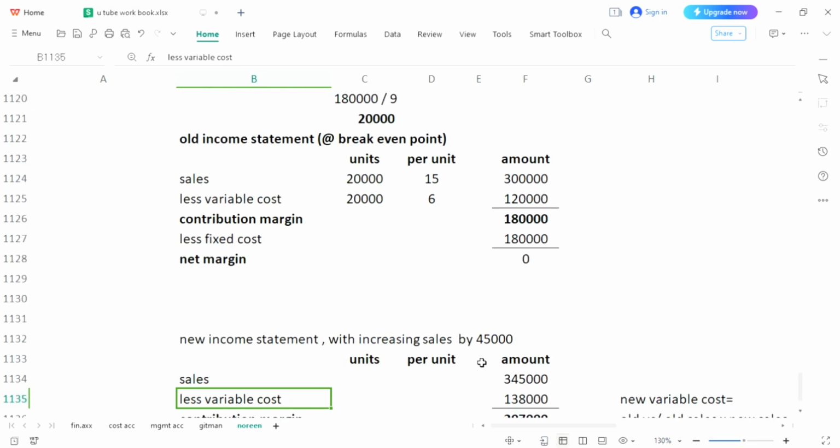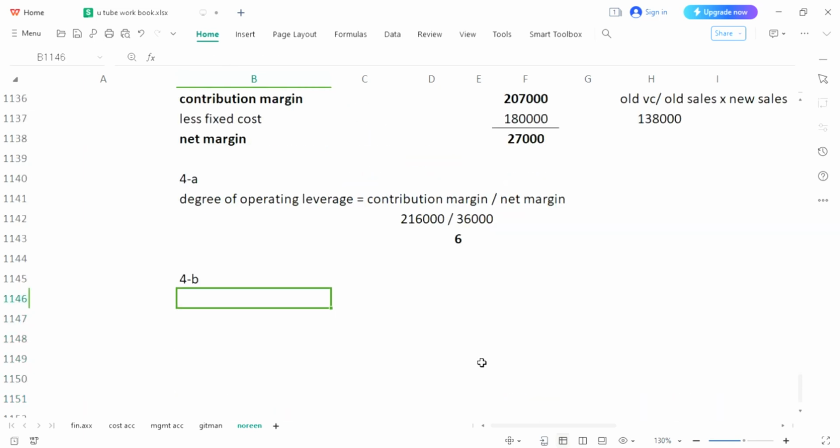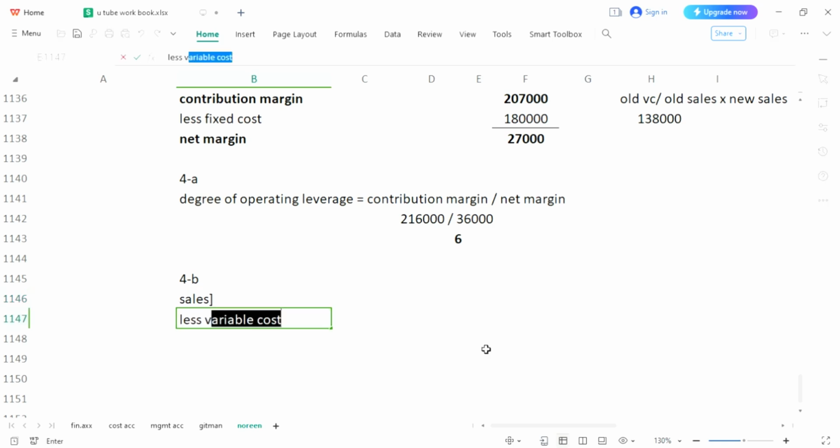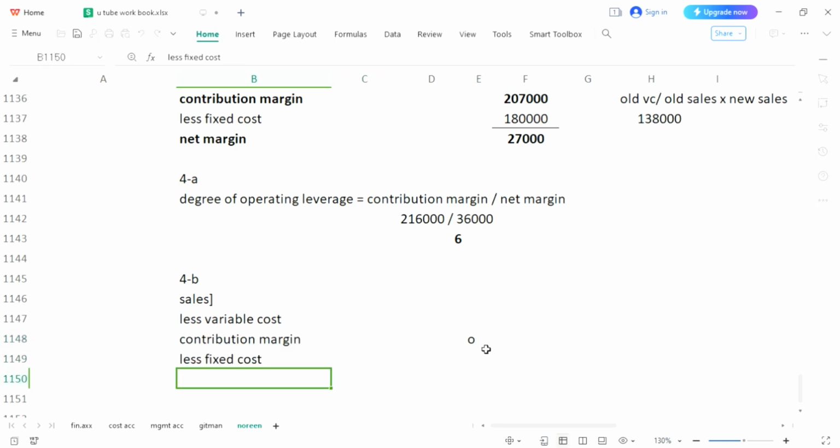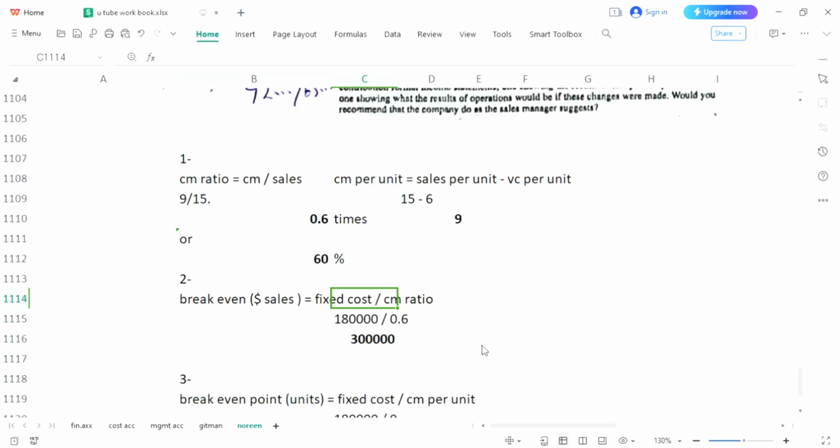For that, the first item would be sales, and then you will subtract your variable costs. We will get contribution margin, and next we will subtract fixed costs to get net margin. Okay, and for sales, we'll have to see the number of units.